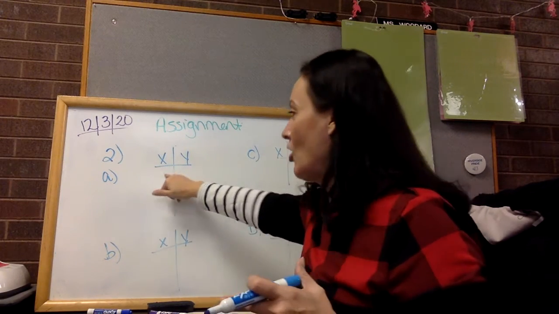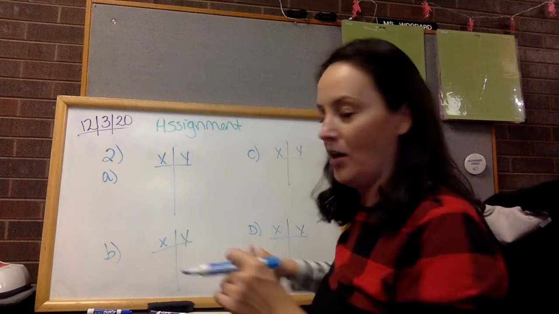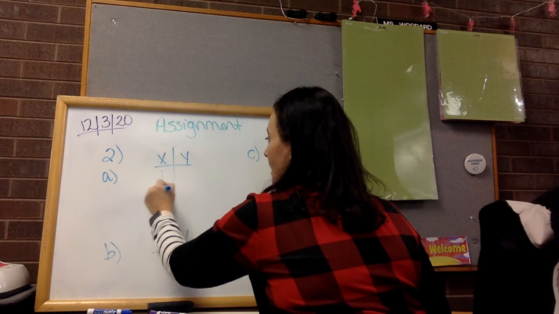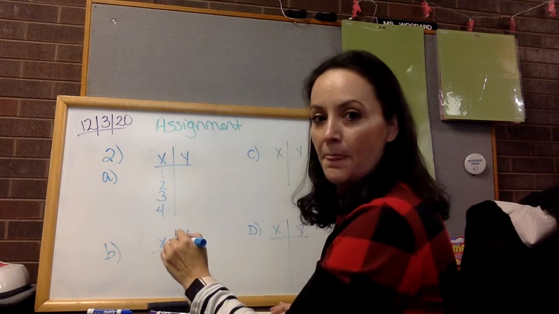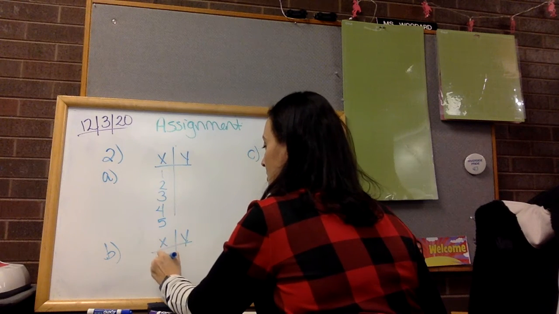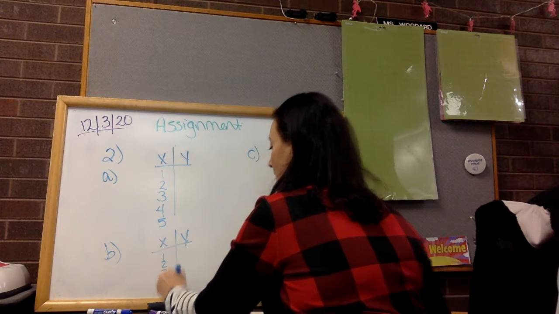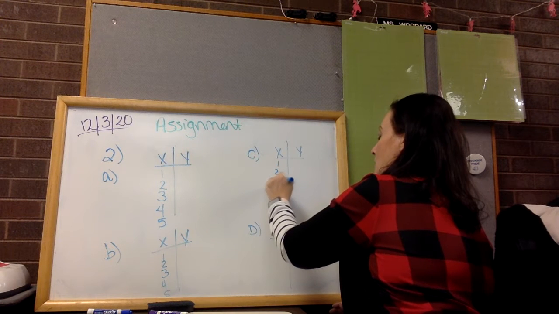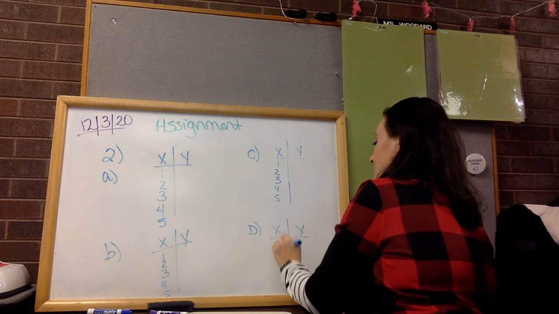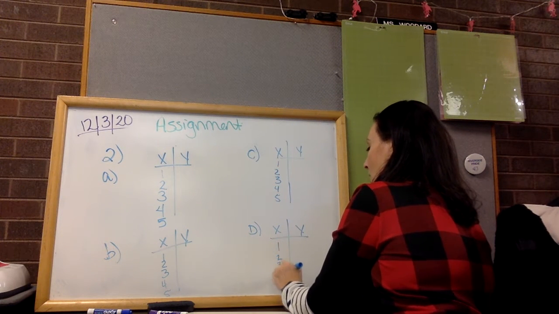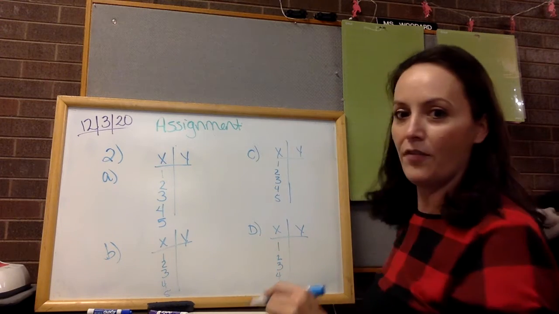If you have 0 with a number, it's non-proportional. But look at these ones. These all have 1, 2, 3, 4, 5. There is no 0.